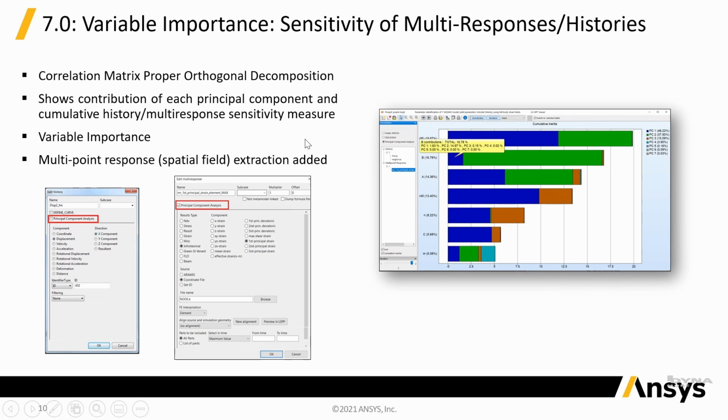And this is possible by the use of proper orthogonal decomposition or PCA-based approach. The display is very much similar to what you had before for scalar responses. But instead of scalar responses, here we are looking at the sensitivity of multi-point responses with respect to the design parameters.